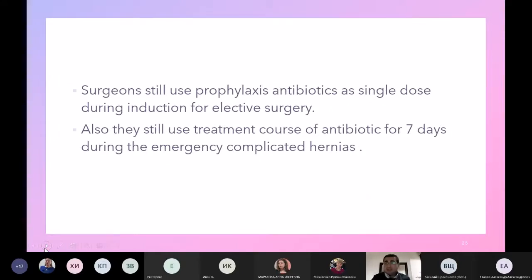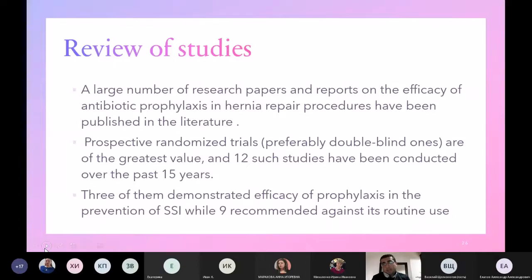Surgeons still use prophylactic antibiotics as a single dose during the induction for elective surgery. They also still use a treatment course of antibiotics for 7 days for emergency complicated hernias. And when we go through reviews of studies in the literature, we will find a lot of them.